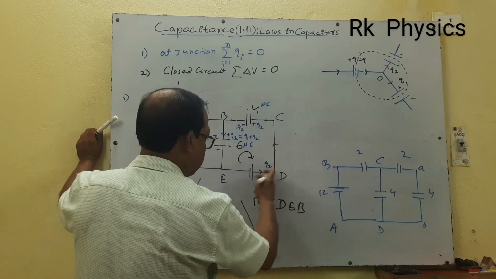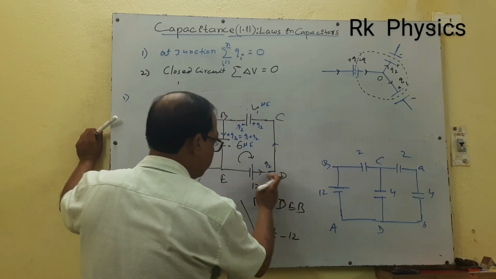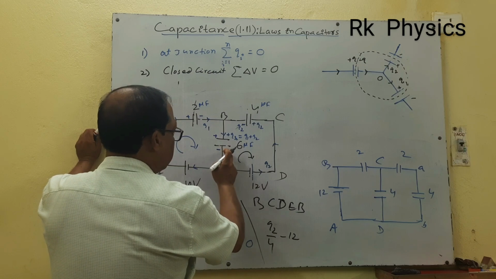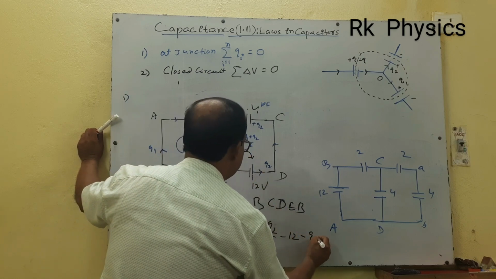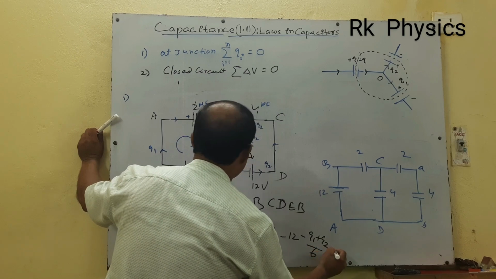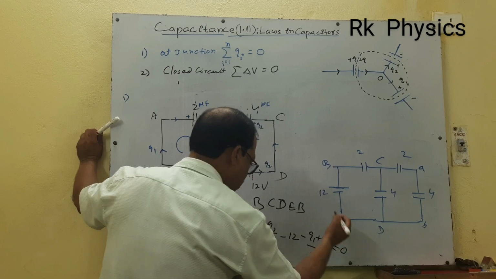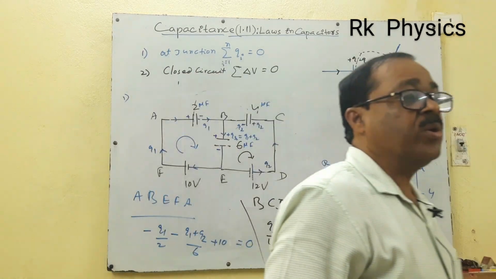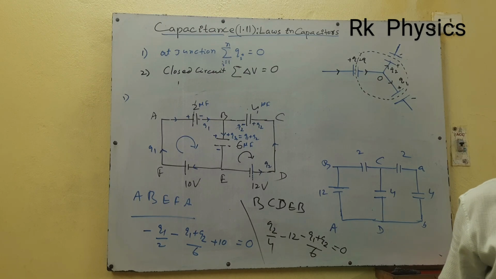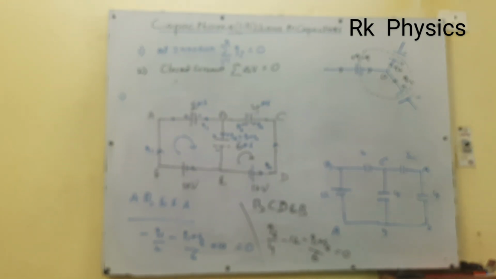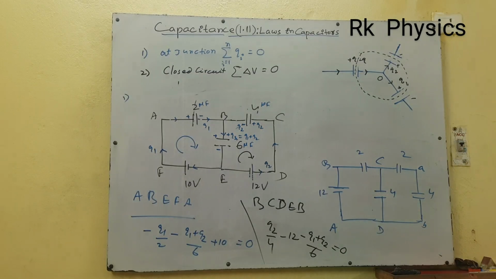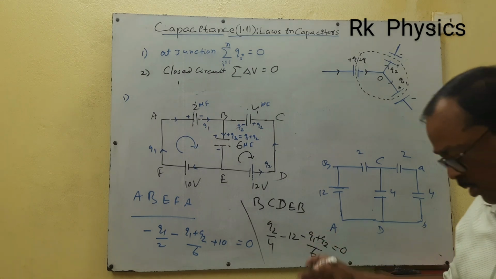Then along this, 12 is negative. Then this is minus, Q1 plus Q2 divided by 6. Our direction is this, but the charge is this, so this equals 0. So in the second equation, minus 12, and the two charges are plus Q1 plus Q2. The charge is moving as Q1 plus Q2. This is the case.